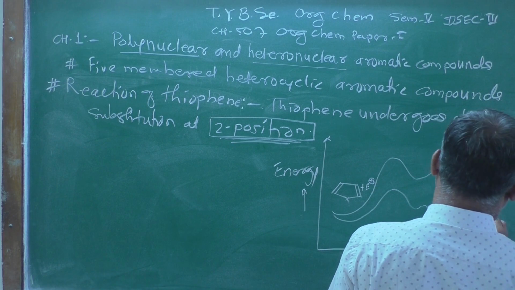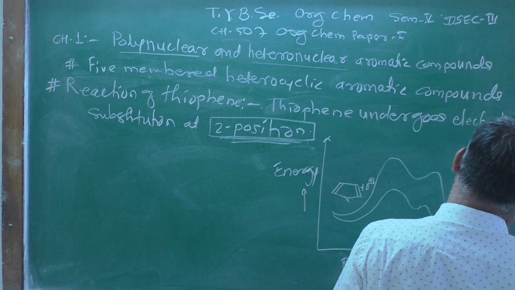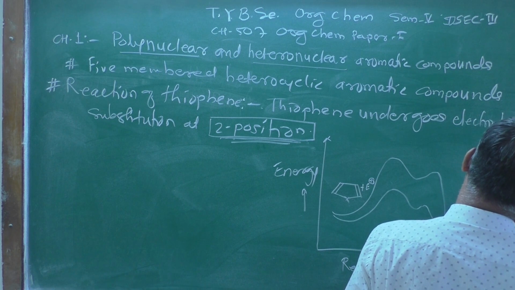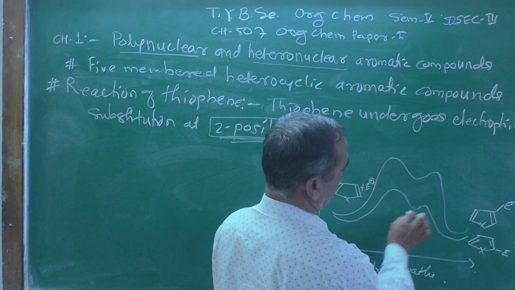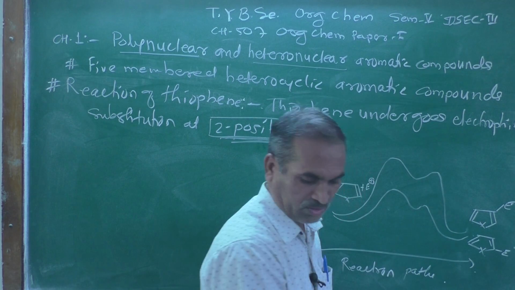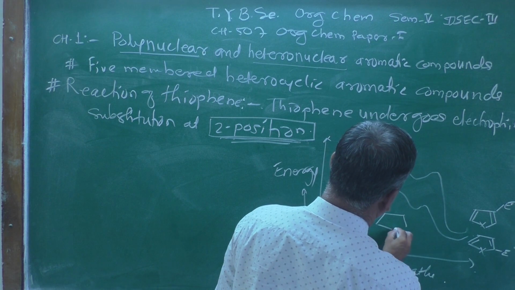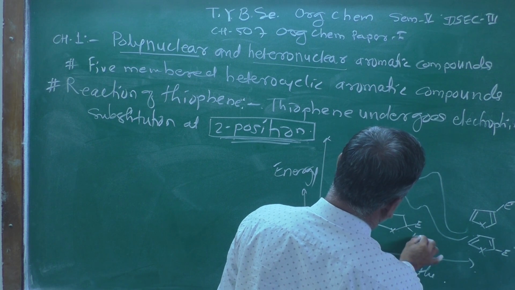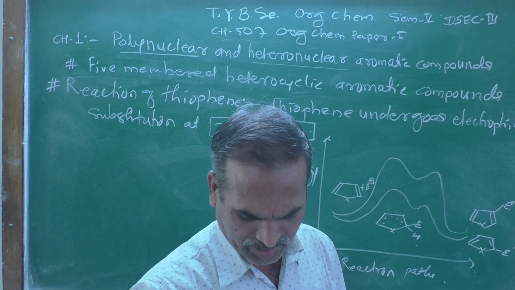And now, for the attack of the electrophile, let us say X and the electrophile at a position, this is the energy of the transition state when the electrophile is present. Here X, we can show the electrophile at this position.